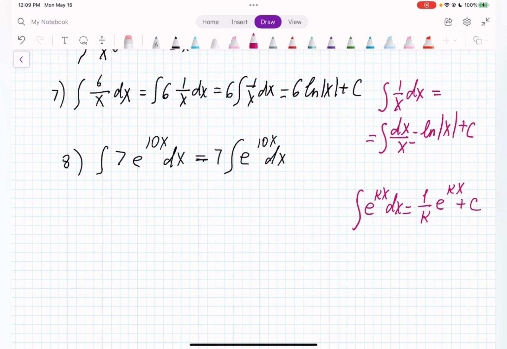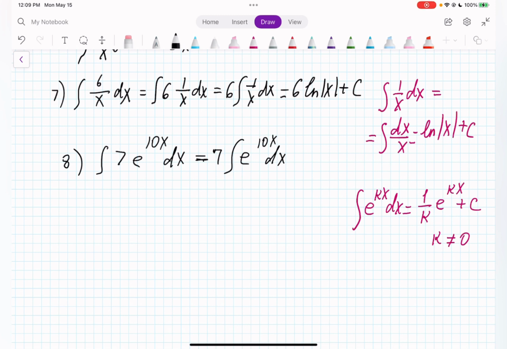Since we have division here, 1 over k, for safety we put that k cannot be equal to 0. Everything I wrote down in red color are all formulas, and I highly recommend writing them down in your notebooks. Okay? All right, back to our problem.